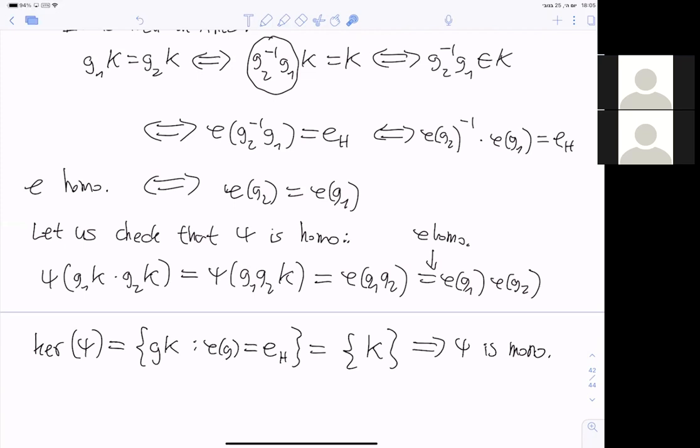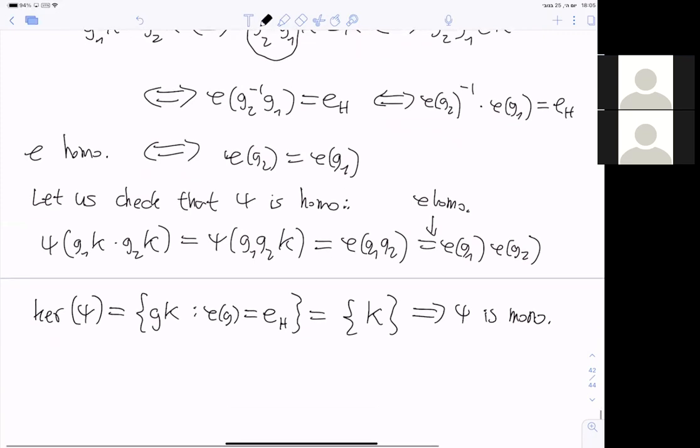Okay, so psi is mono. Why is it surjective? Of course, it is surjective, because we know it is given that phi is surjective.